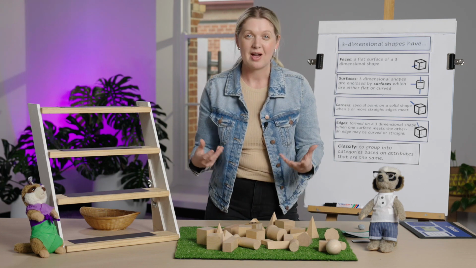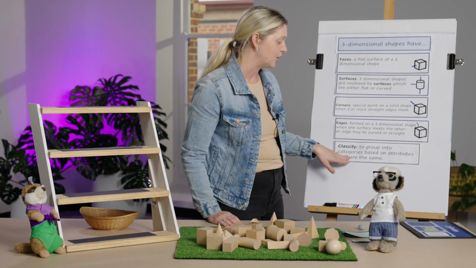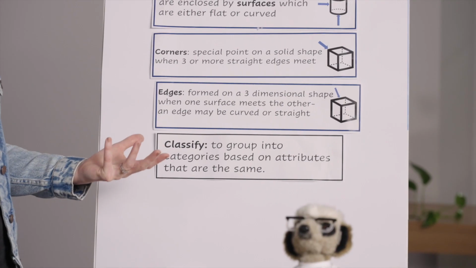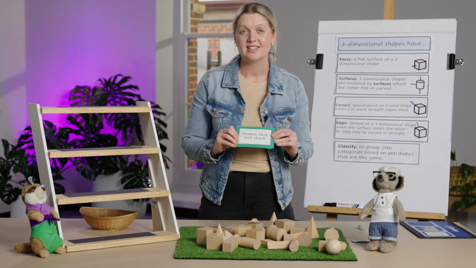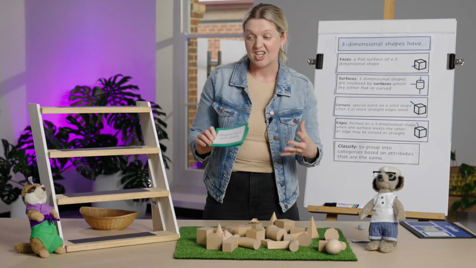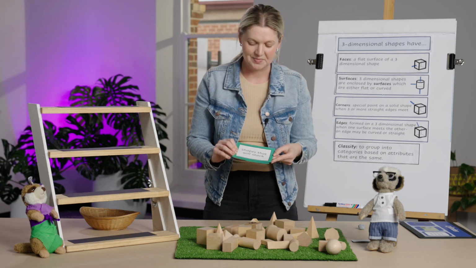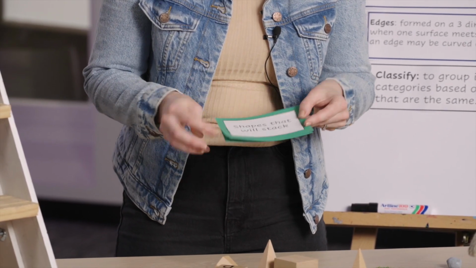Now, when we talk about classifying shapes, we mean to group into categories based on attributes that are the same. Now, I've got some cards here that are going to help us classify these shapes to help Molly to see if that was the way that Mike had organised them. So the first one says, shapes that will stack.